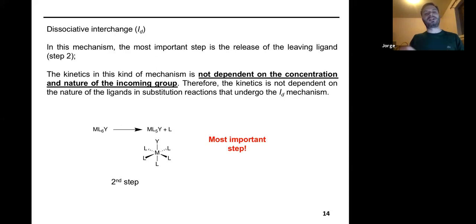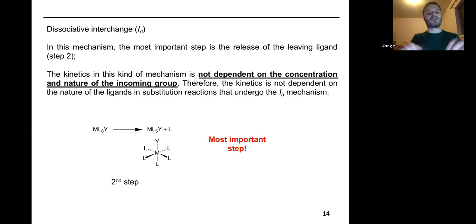And then the third kind of mechanism called interchange, where there is a similarity with SN2 reactions from organic chemistry, and we have a short-lived intermediate. Interchange mechanism can happen in 2 different ways: associative and dissociative.